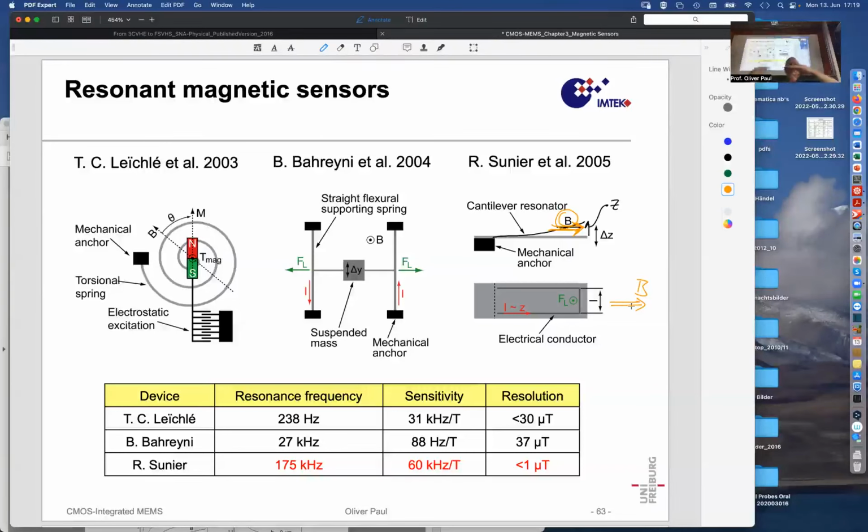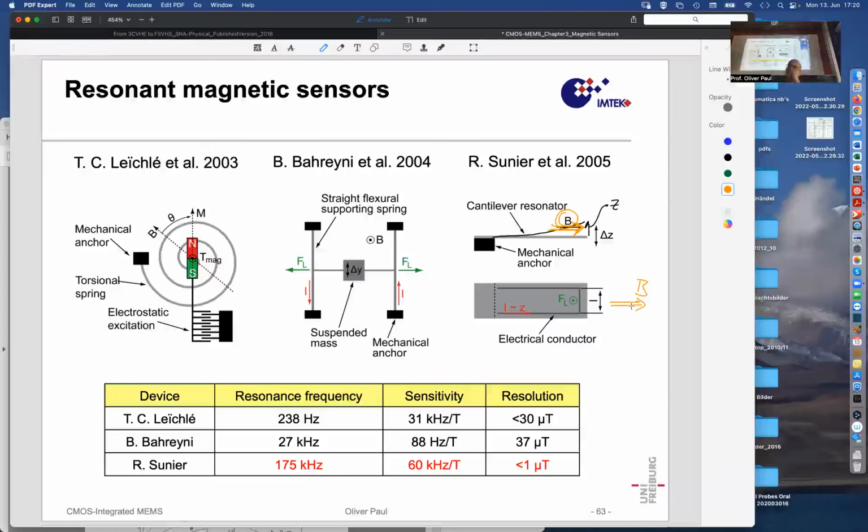So you can measure the frequency at which this occurs. Okay, that's the natural frequency, but you can also measure the amplitude. And of course, if there is no B, then there will be no amplitude because there is no Lorentz force. So the amplitude might be proportional to B.